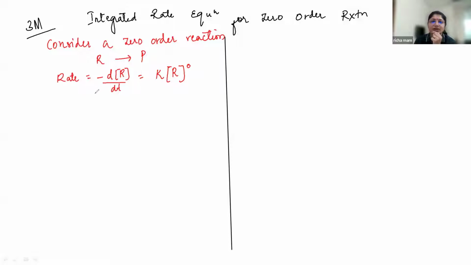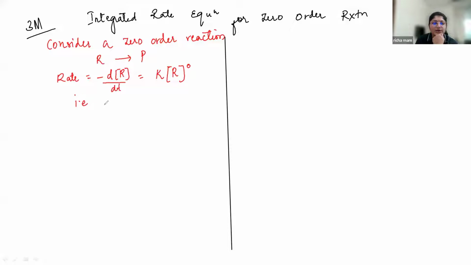By definition, the rate of reaction is proportional to the zero power of concentration of the reactant. Now we will solve this.